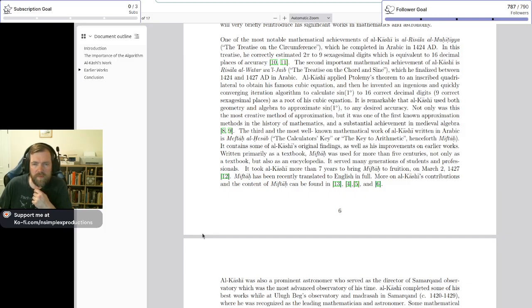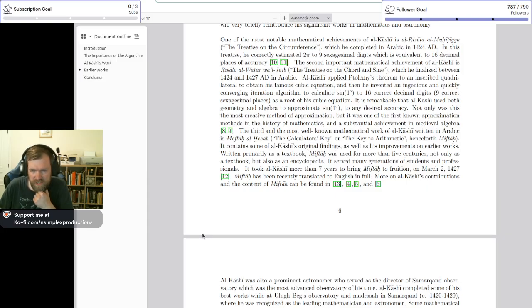The third and most well-known mathematical work of Al-Kashi written in Arabic is Miftah al-Hisab, calculator's key, key to arithmetic, henceforth Miftah. It contains some of Al-Kashi's original findings as well as improvements on earlier works. Written primarily as a textbook, Miftah was used for more than 5 centuries, not only as a textbook, but also as an encyclopedia.